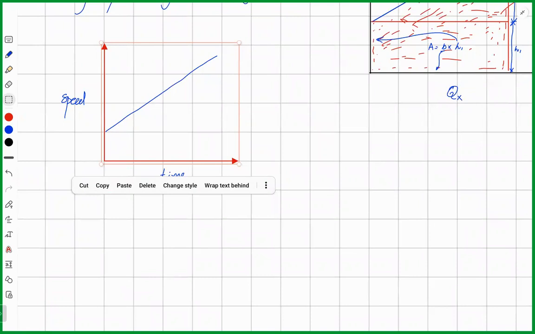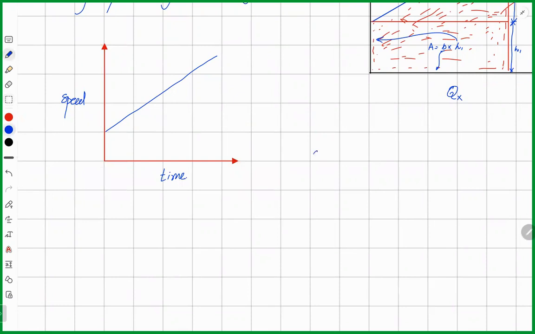Yes, because when we multiply speed with time, speed multiplied by time equals to distance. So area equals to distance.